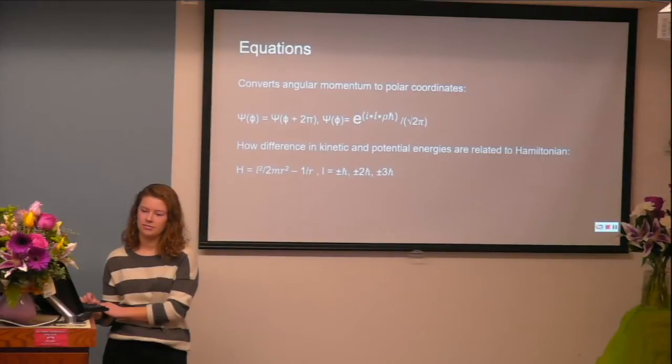L cannot take something in between, because then your atom is not stable. Then you really need to take all integer numbers for L, right? Then how does it affect the energy? Does energy change continuously, or does it take only discrete values? Only discrete values, which depend on this L, right?